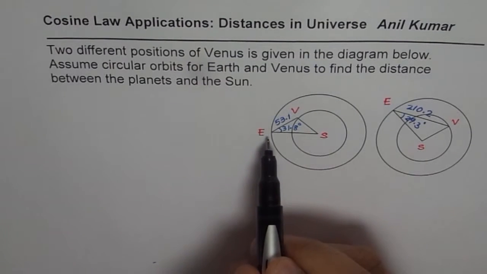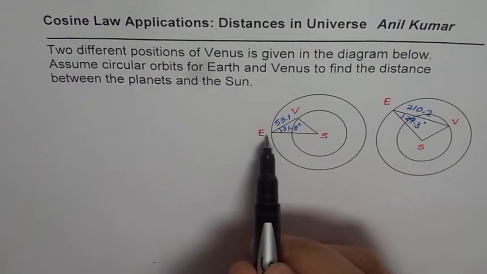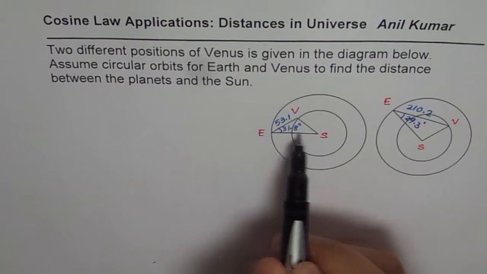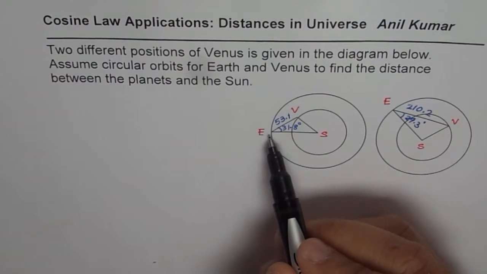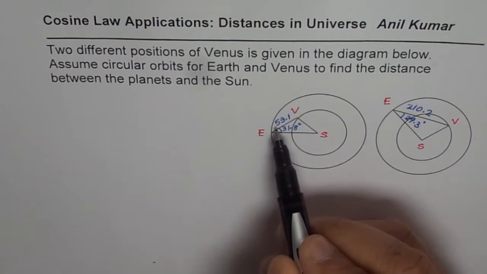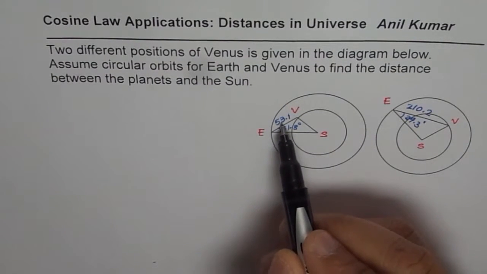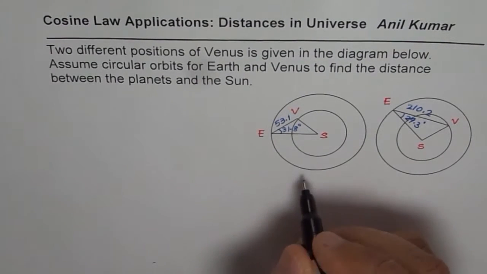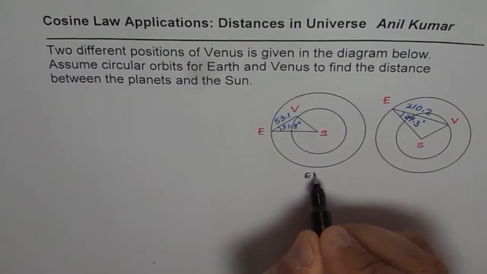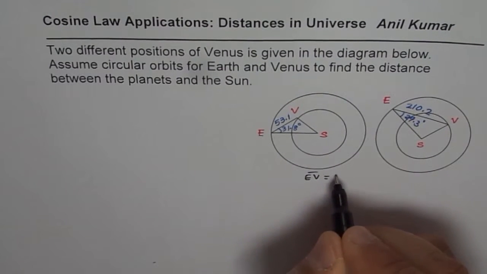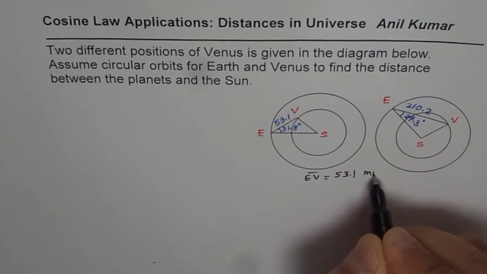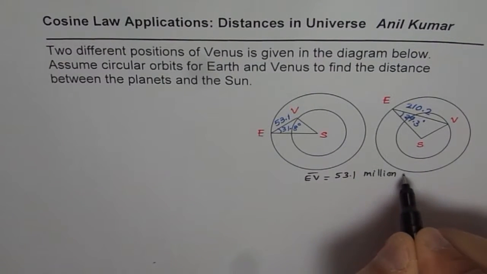In one observation, when you measure the angle from the Earth between Venus and the Sun, it is 31.8 degrees, and the distance from Earth to Venus, E to V, is 53.1 million kilometers, right?